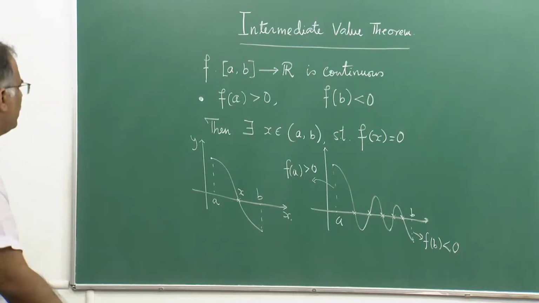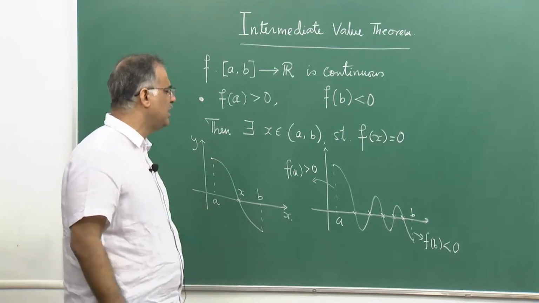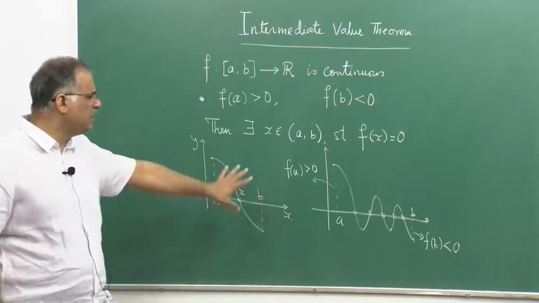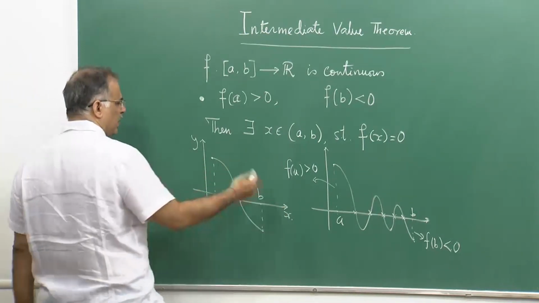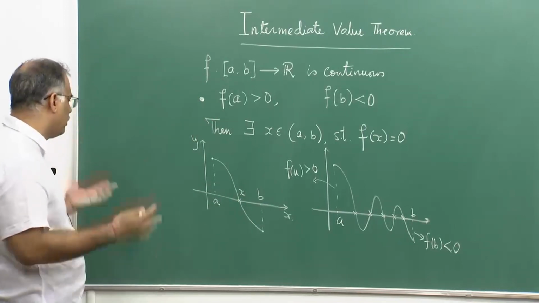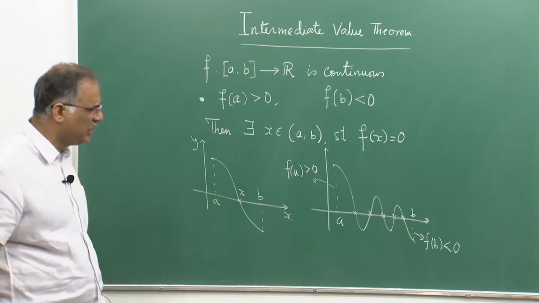So, here the statement says that there exists an x. It does not say that there exists only one x. I want to make this fact clear that there can be more than one x, possibly countably infinite or uncountably infinite x's. For functions that look very complex, we are not getting into that.